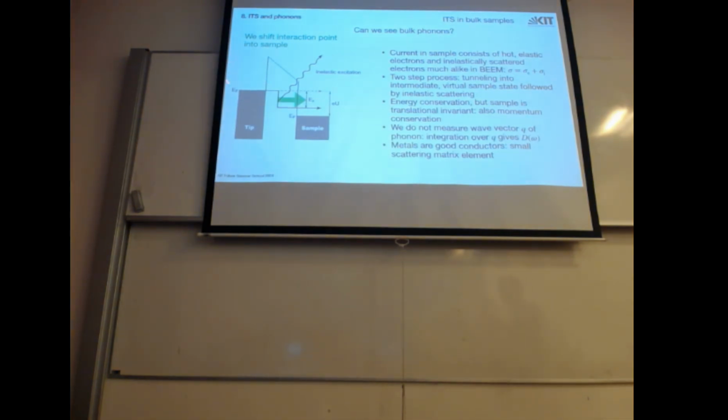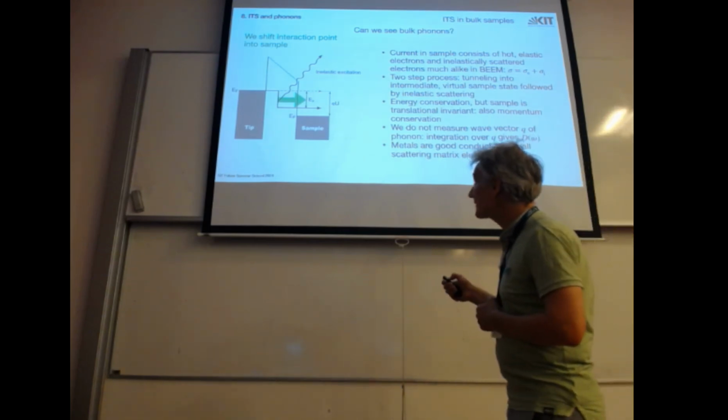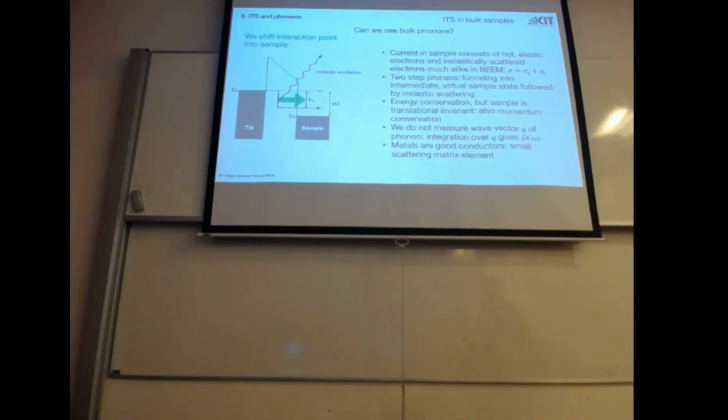We have an elastic tunneling current and an inelastic tunneling current, which adds up. And we can see the interaction of electrons with bosons, phonons now, in our solid. So if that's correct, the second derivative of the tunneling current will give us information about phonons.